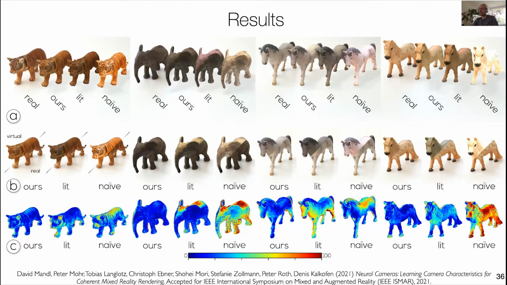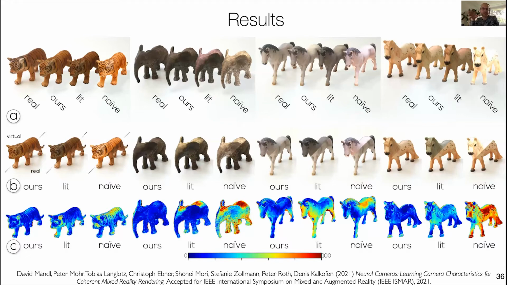This is a paper that will appear shortly at ISMAR, and we don't claim, and actually we don't even think, that we are better than, for example, that paper by George Klein, who did a really almost 100% accurate re-implementation of the whole pipeline.